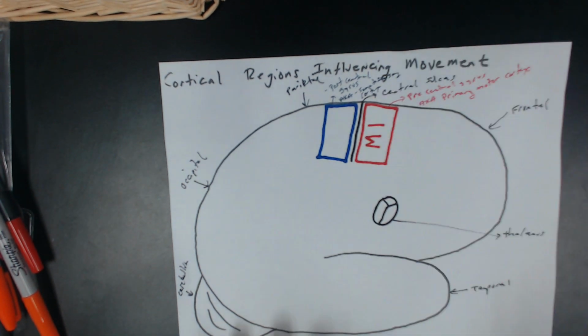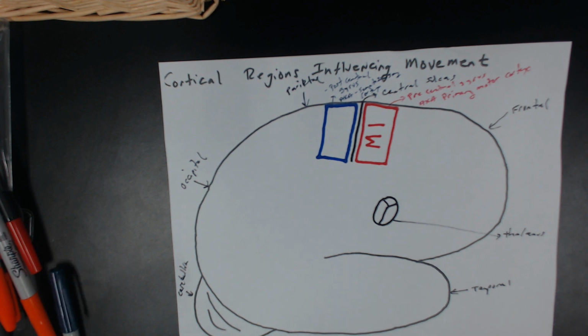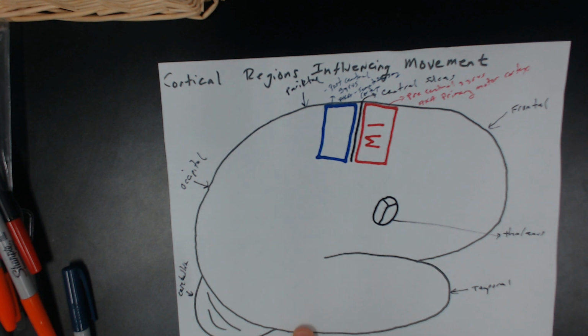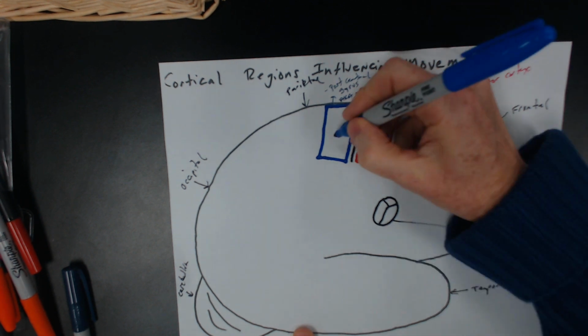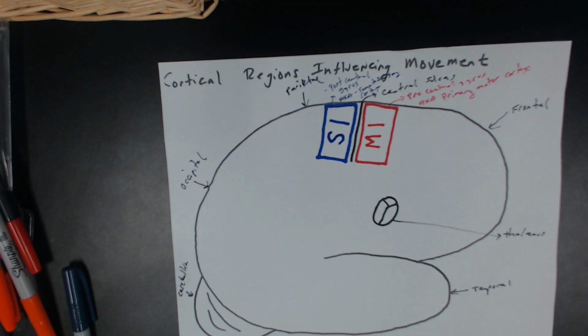So that gyrus that's just behind the central sulcus, you can call it your post-central gyrus. You can also call it your somatosensory cortex. I think we referred to it as both previously. Another new way to refer to it is S1, or your primary somatosensory cortex.